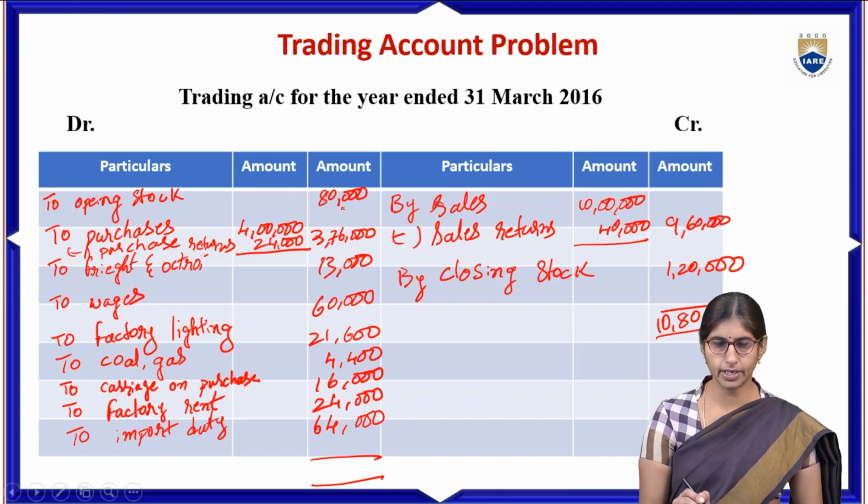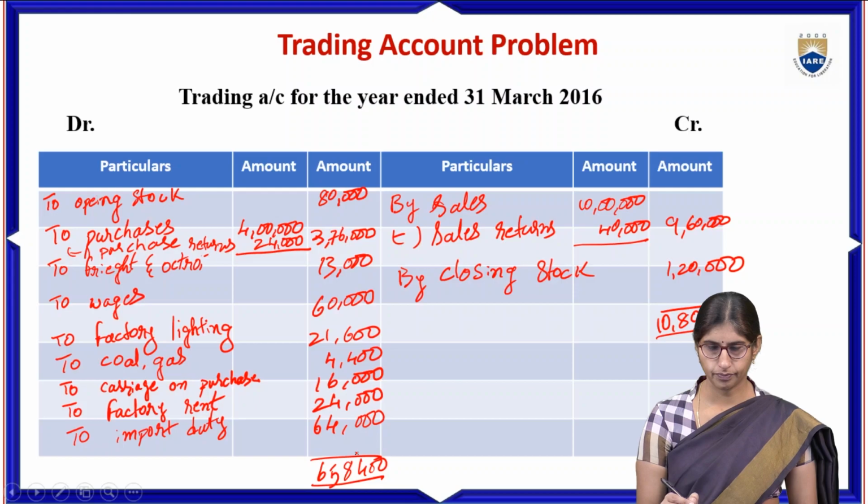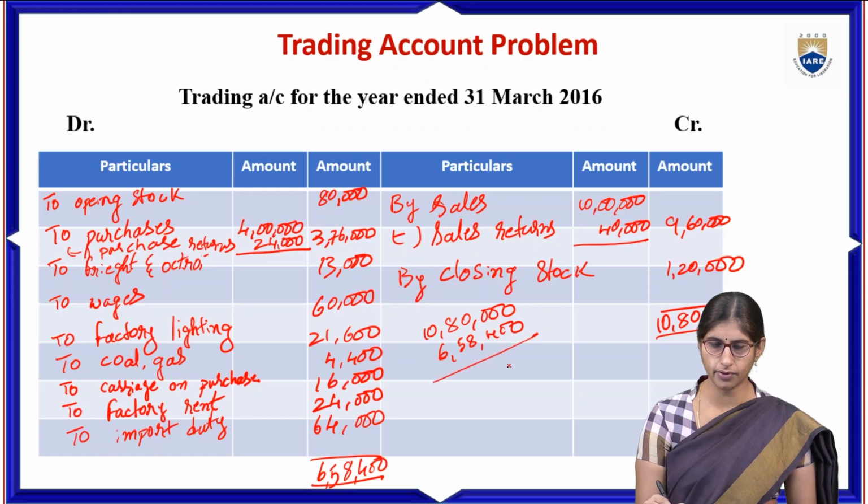And the total of the debit side is 6,58,400. Now the total of the credit side is 10,80,000 minus 6,58,400. We have to find the amount now.